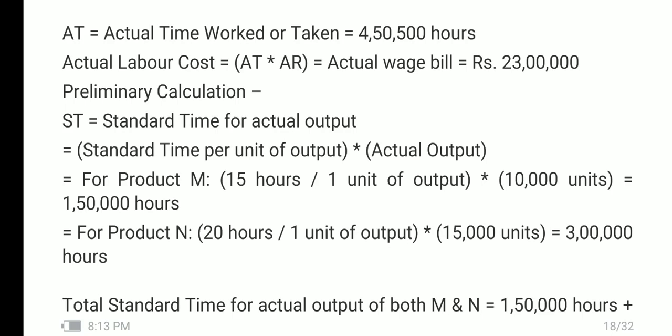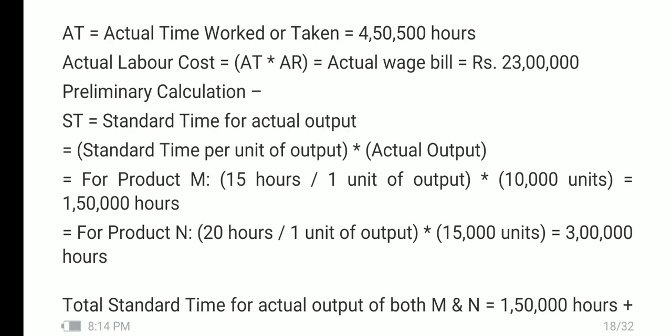Preliminary calculation. ST, as already said, stands for standard time for actual output. That is equal to standard time per unit of output into actual output. We have to compute ST separately for both the products, for product M and for product N. So for product M, 15 hours per 1 unit of output, that means to produce 1 unit of product M, 15 hours are specified.